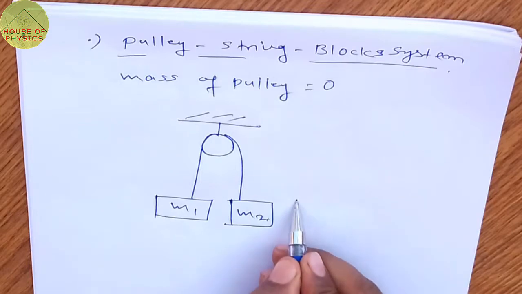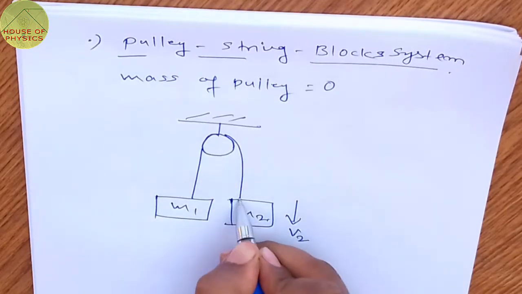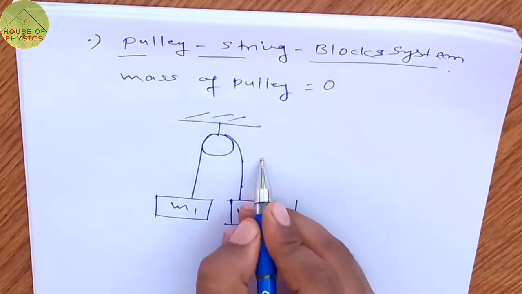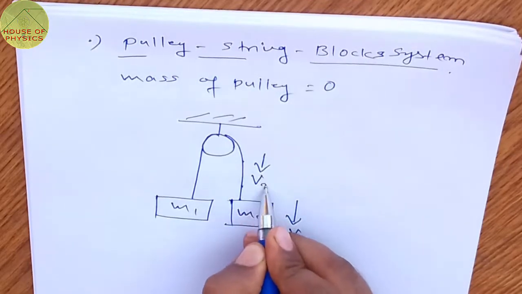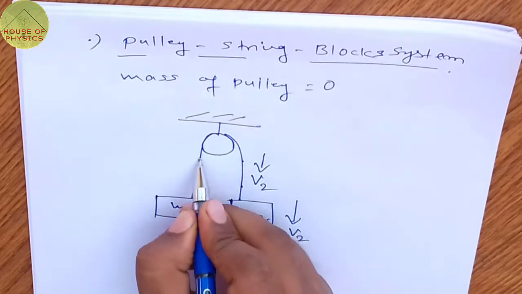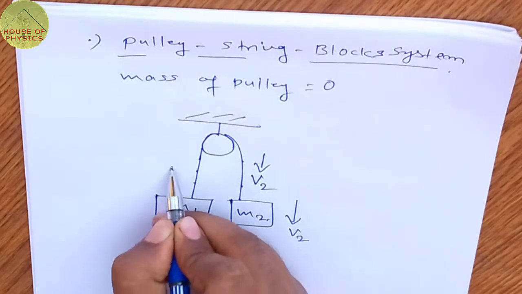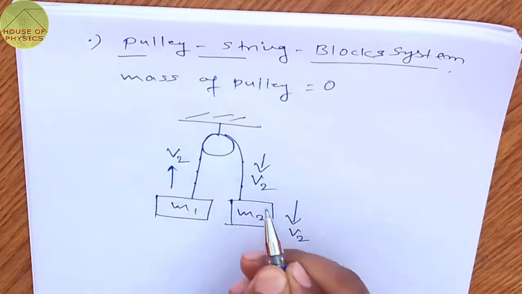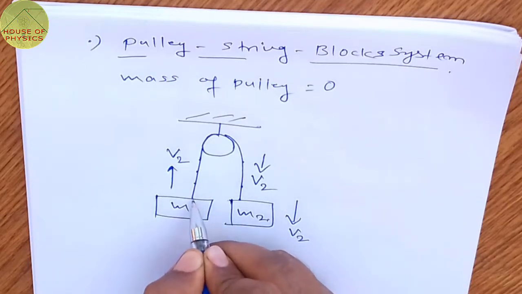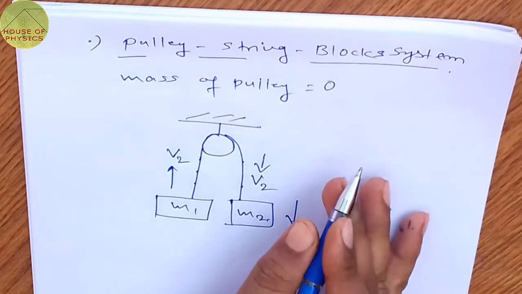So suppose this block is moving with velocity v2, it means all the points will be moving in the downward direction with v2 velocity. So this point will be moving in the upward direction with the same velocity v2. Why? Because the velocity components of all the points along the direction of the string remain the same.